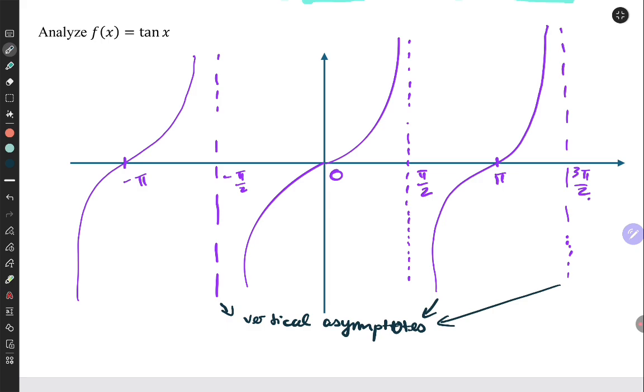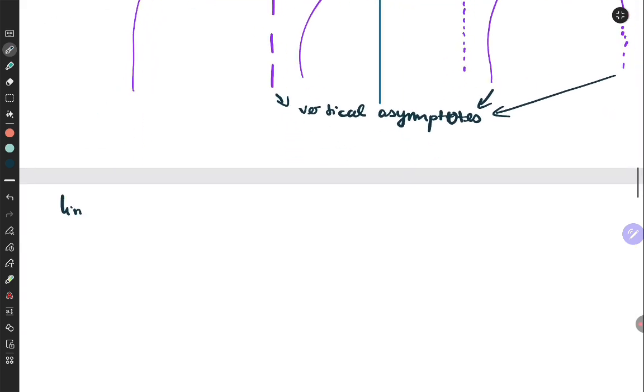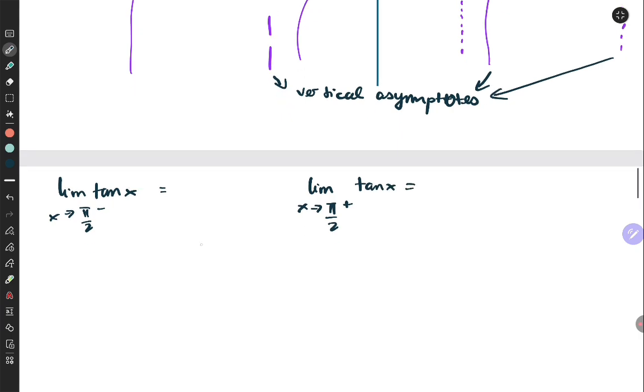In the other direction, going to pi over 2 from the right. So I think you can fill in this question. The limit of tangent when x approaches pi over 2 from the left, from the right, and how about from both sides?